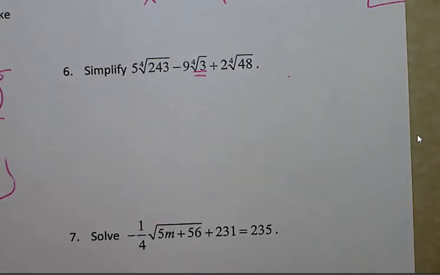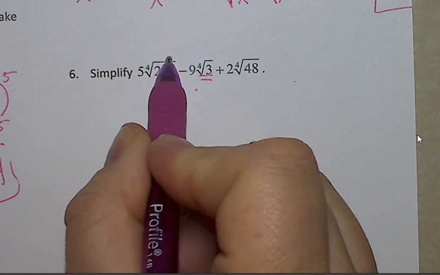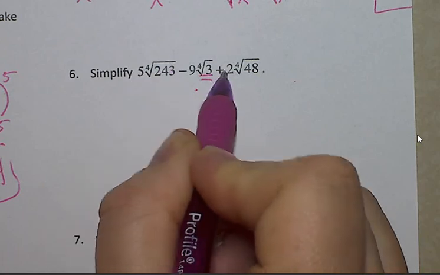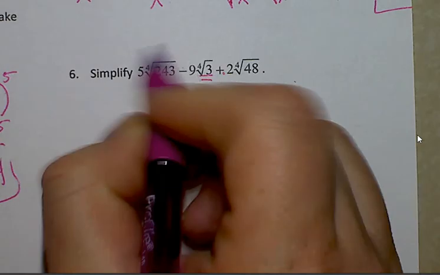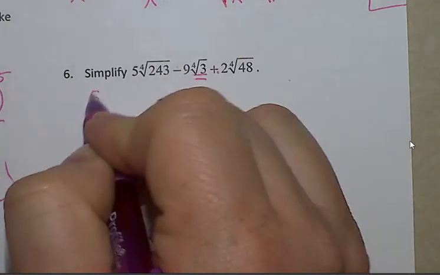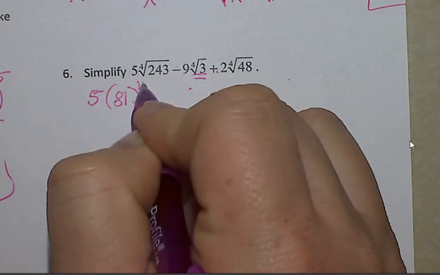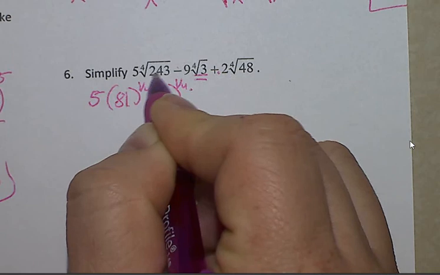Okay, so here we go. This is going to be your hint. Because this does not evaluate to give you a nice integer answer, your smaller number should be your hint. So take 243, I'm going to go through the whole problem, and divide it in a calculator by 3 quick for me, please. 81. So I'm going to write 81 to the 1/4 and 3 to the 1/4, because 81 times 3 is 243.